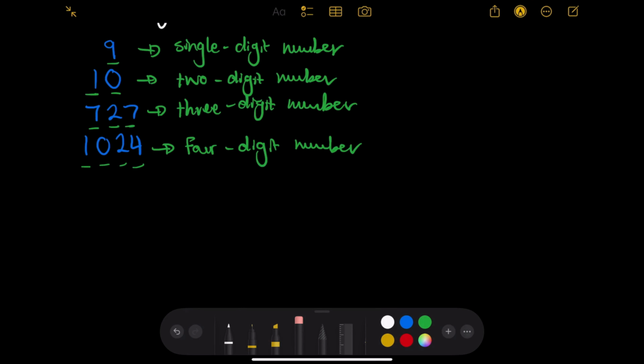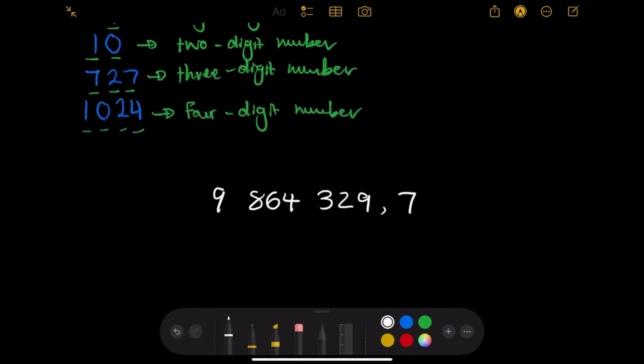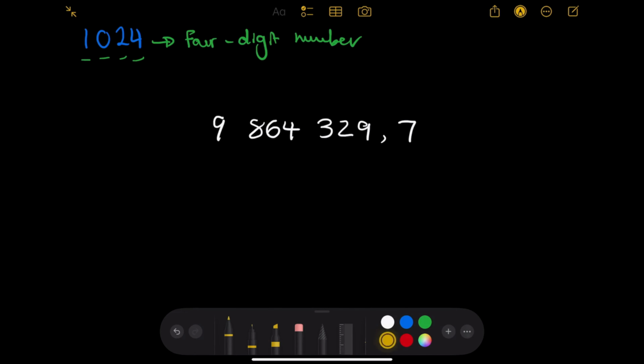Let's think about our previous example that we covered: 9,864,329.7. So if I was living in South Africa, I would write it as follows.